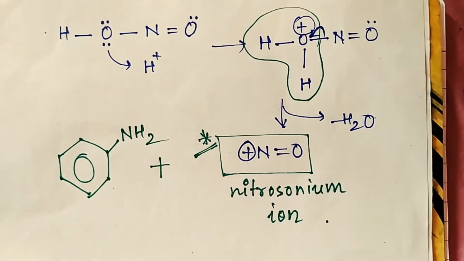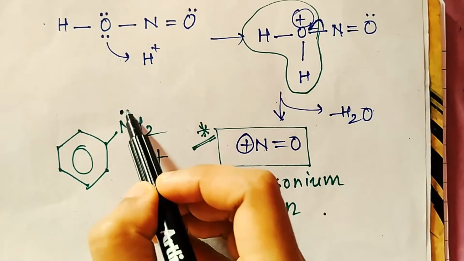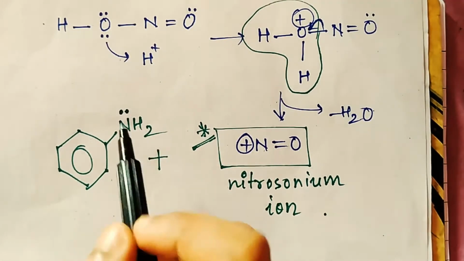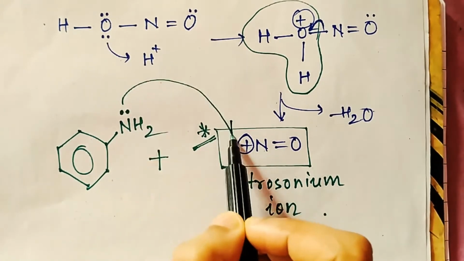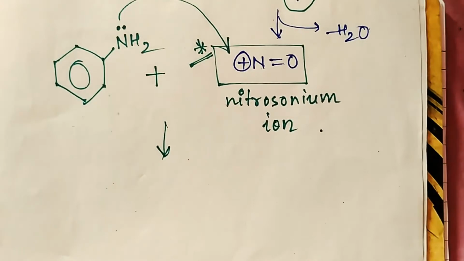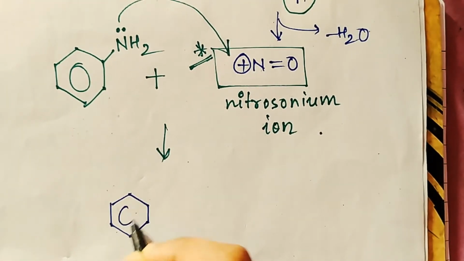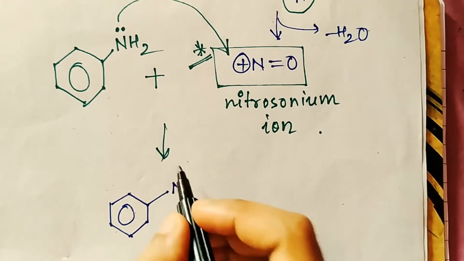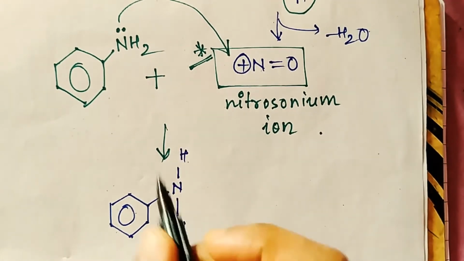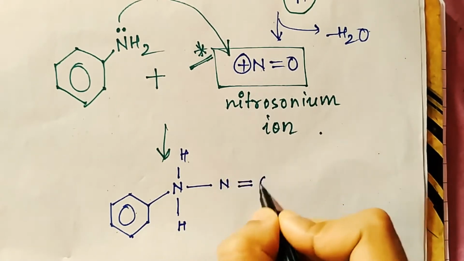This nitrosonium ion will react with primary amine to form diazonium salt. Now this is the primary amine, and the lone pair is on the nitrogen atom, so this lone pair will go towards the positive sign. Then the compound has nitrogen with two hydrogens, and the lone pair makes a bond with the other nitrogen atom.